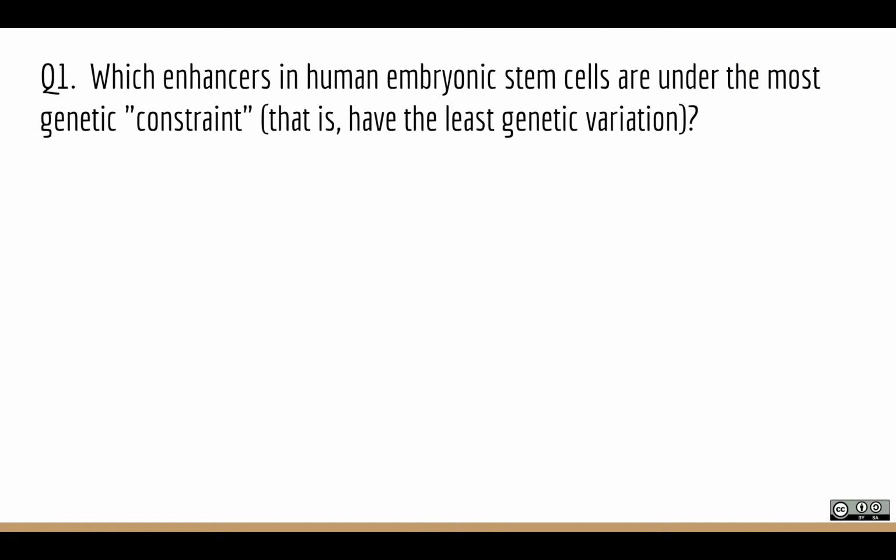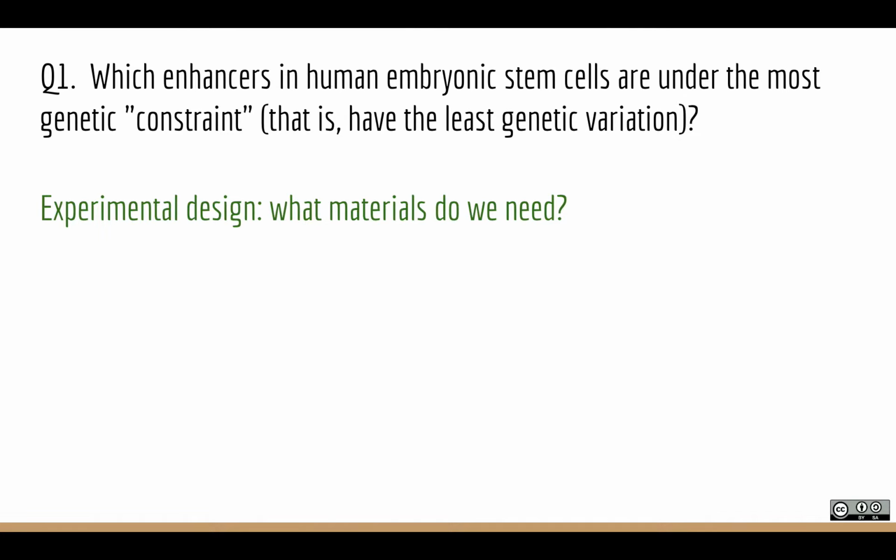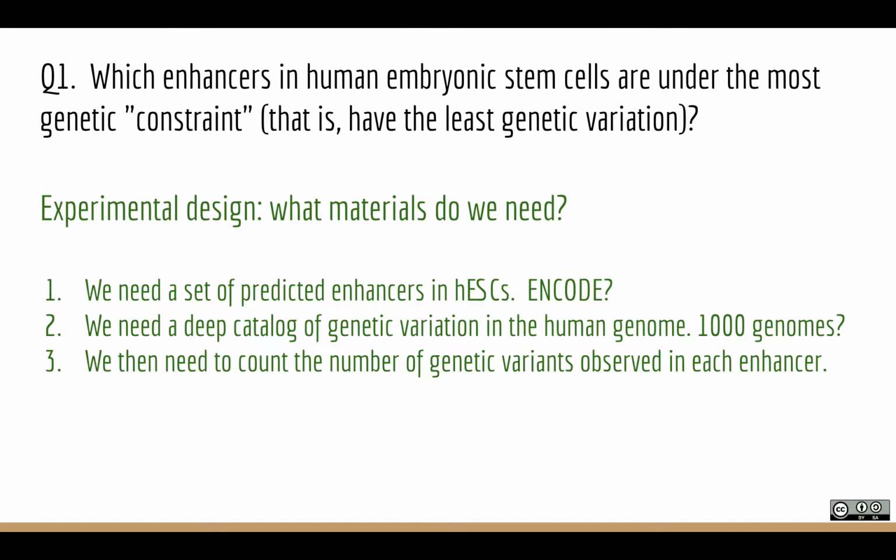So the first thing we have to do is figure out where our enhancers are. The materials we need, first of all, is a set of predicted enhancers. We could get this from ENCODE directly. We could also use this Chrome file that I use.